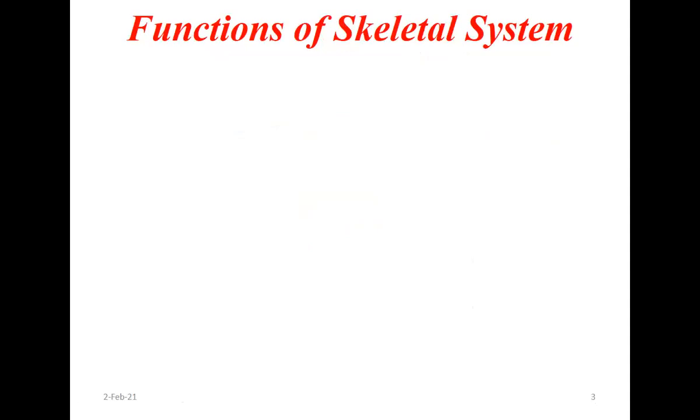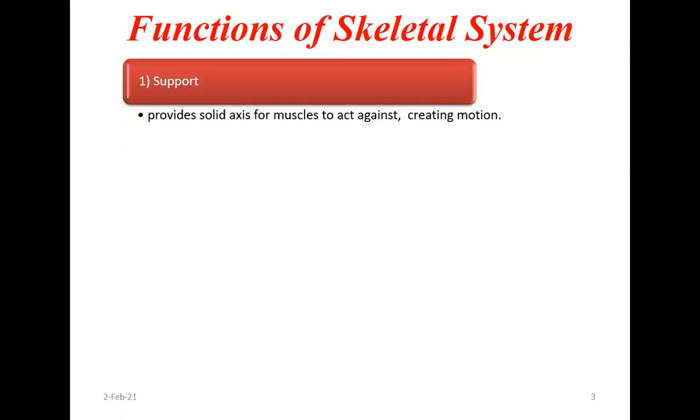Before we go to the axial and appendicular skeleton, we should know what the function of the skeletal system is. Why do we have the skeletal system? One is that it is the main structure which will support the whole body. If not, the body would be made up of just muscles and tissue and it would all collapse.